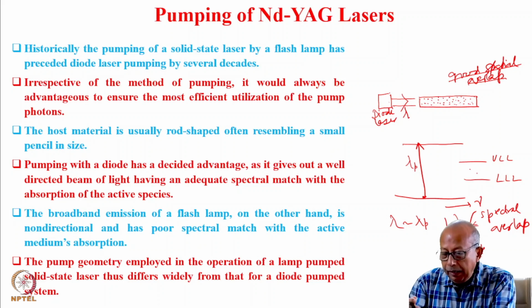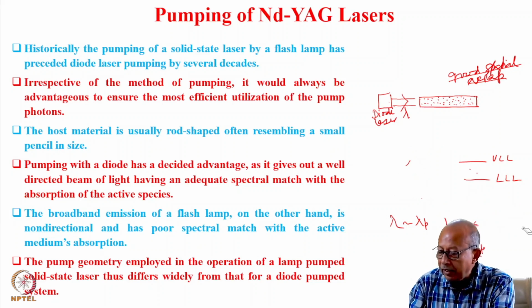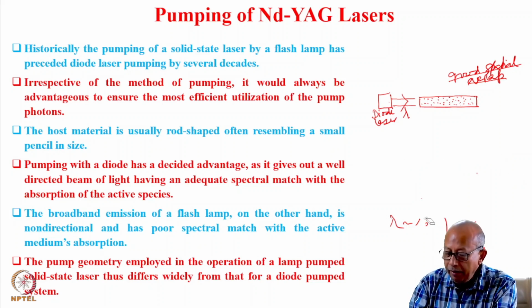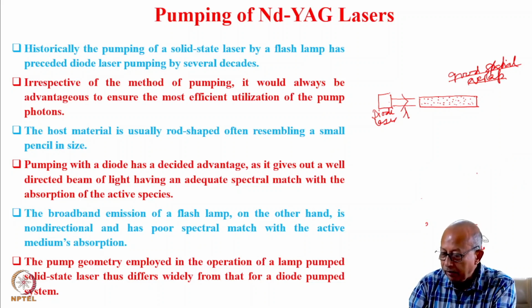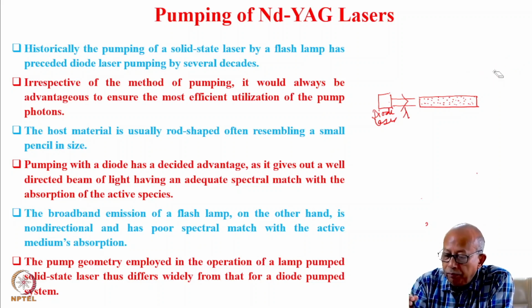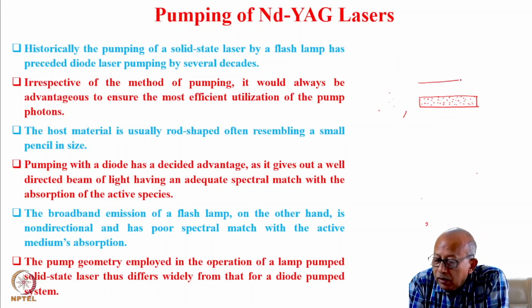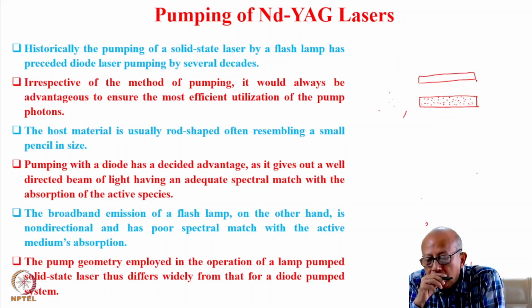Now, in contrast, let us consider the case of pumping by a flash lamp. So now you do not have the diode laser, you have a flash lamp. Let us assume it is a tubular flash lamp.